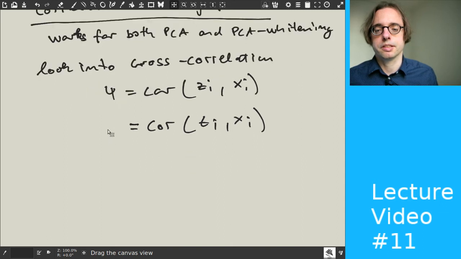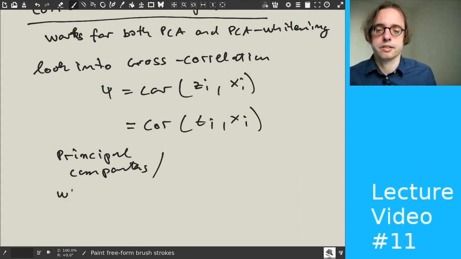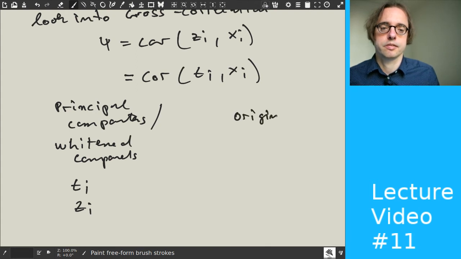If you think about some sort of a regression, we have our principal components or the whitened components, the ti or the zi, and on the other hand we have the original random variable, the xi.